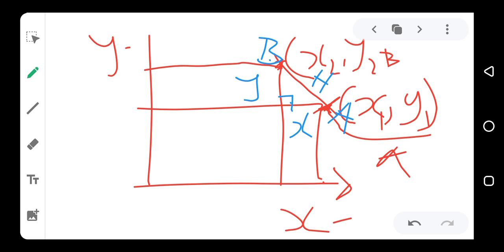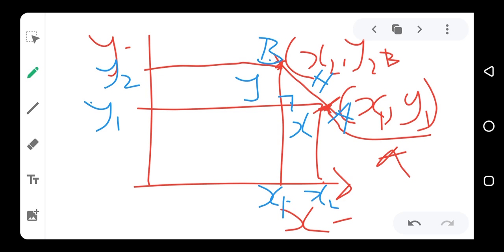Now our work is to find x and y. Now without doing much work, it has been found that, assuming that this place is, let's call here y1 and this place y2. Now this one x1 and this one x2.